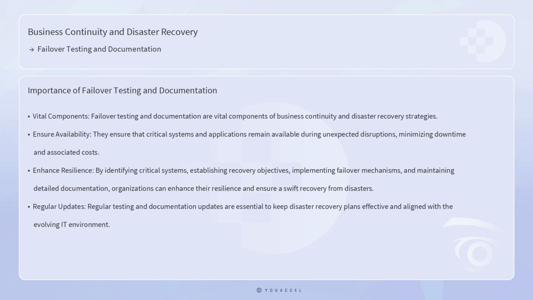Regular testing and documentation updates are essential to keep disaster recovery plans effective and aligned with the evolving IT environment. Ultimately, investing in failover testing and documentation is a proactive approach to safeguarding business operations and maintaining stakeholder confidence.